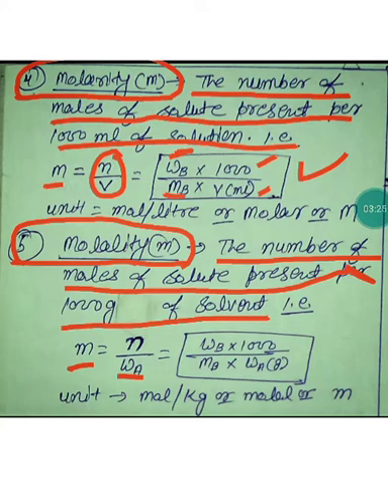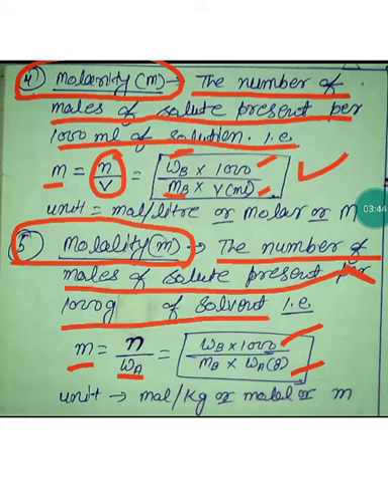And if the mass of solvent is taken in grams, then it is multiplied by 1000 in the formula, and number of moles is equal to WB upon MB. So we get another formula.